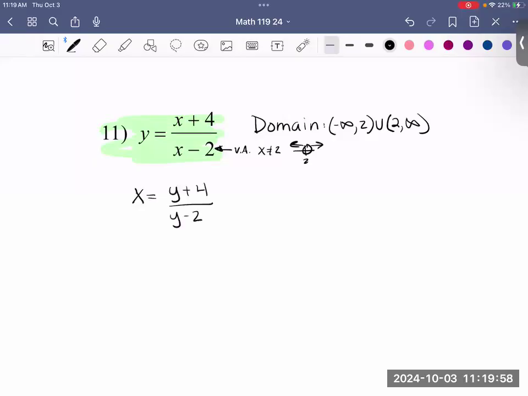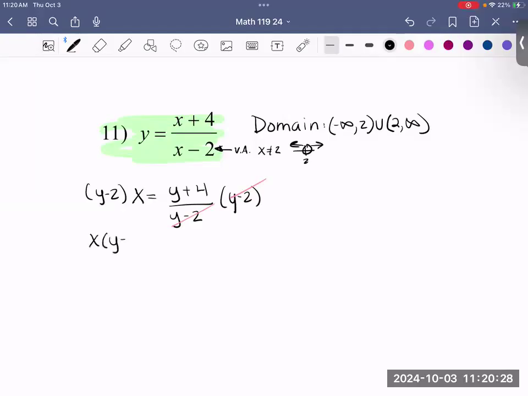Again, we want to get your variable out of your denominator, and we can't just multiply by y here and leave behind the 2, because your y minus 2 is acting as a team. So we need to multiply y minus 2 to both sides in order to get them to cancel. We talked about how to cancel out anything as far as a binomial goes and get it out of your denominator back in chapter 1.4.